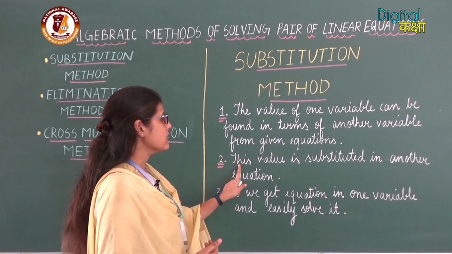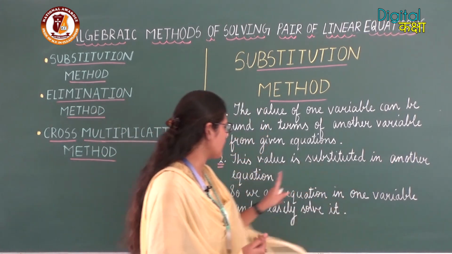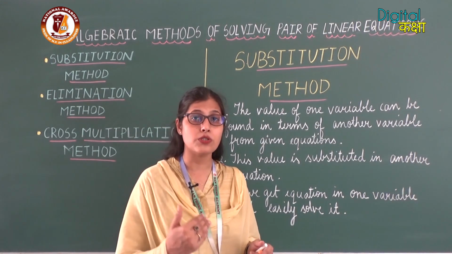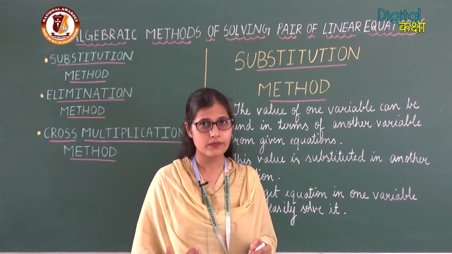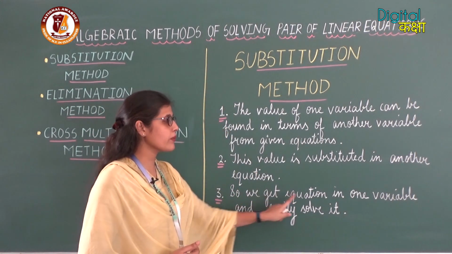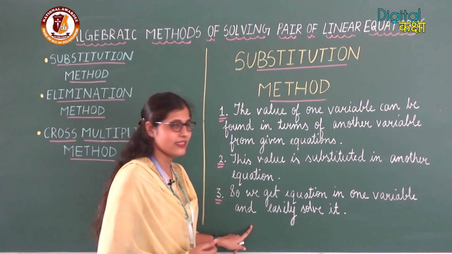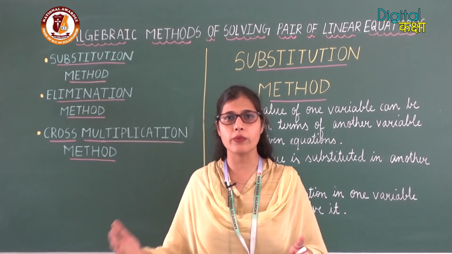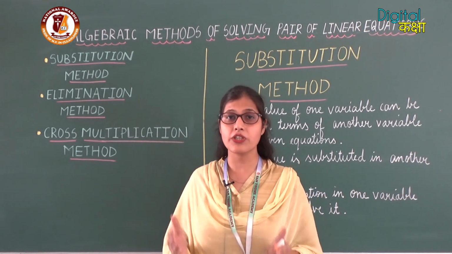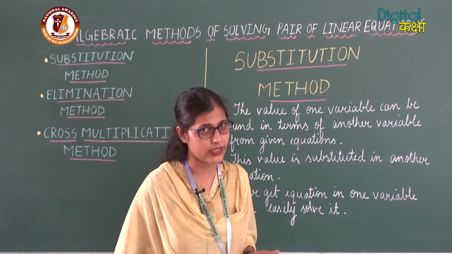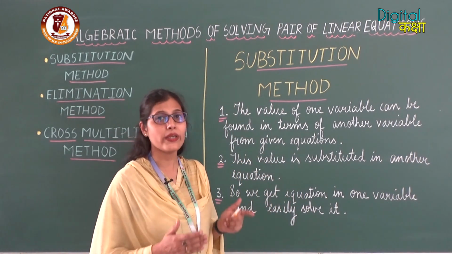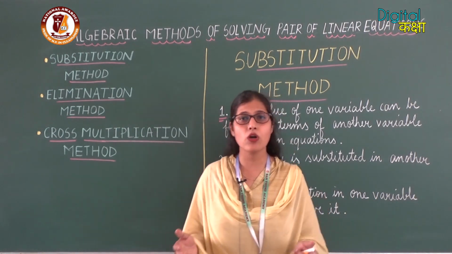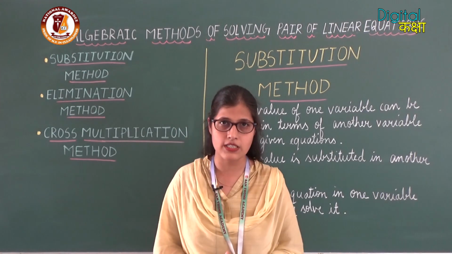Then this value is substituted in another equation. Whatever value you are getting, you have to substitute it in the second equation. So we get the equation in one variable and it can be easily solved. When you substitute it in the other equation, the overall equation will be converted to one variable, which can be solved very easily. To understand the substitution method, we will be solving some of the questions based on it.